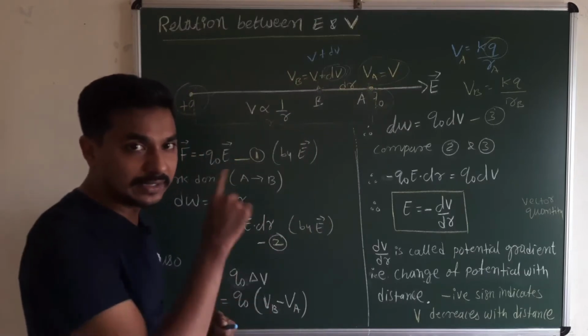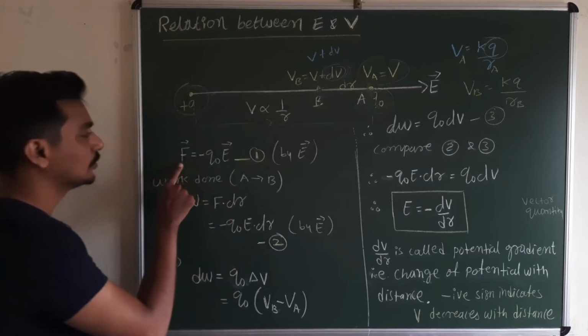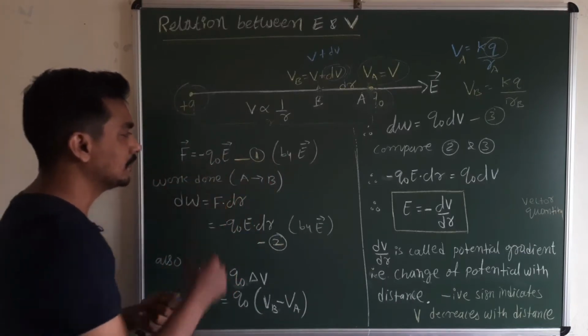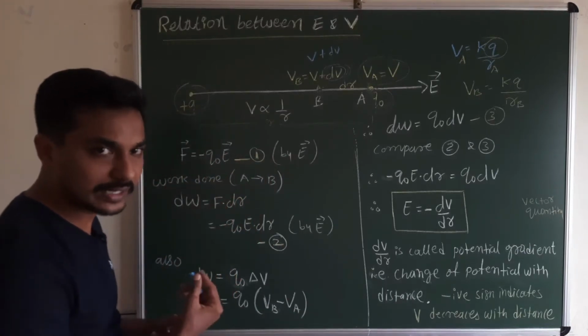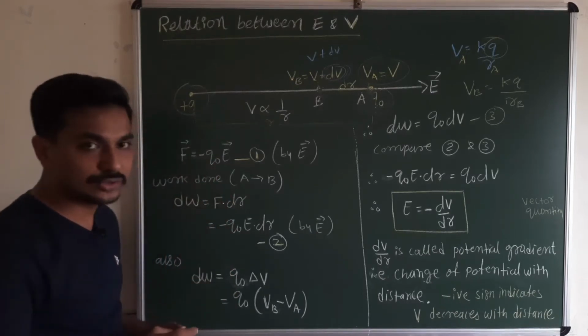So the angle is 180 degrees, both are opposite. The force applied by the electric field is minus Q naught E. We know that E equals F by Q, so F equals minus Q naught E.